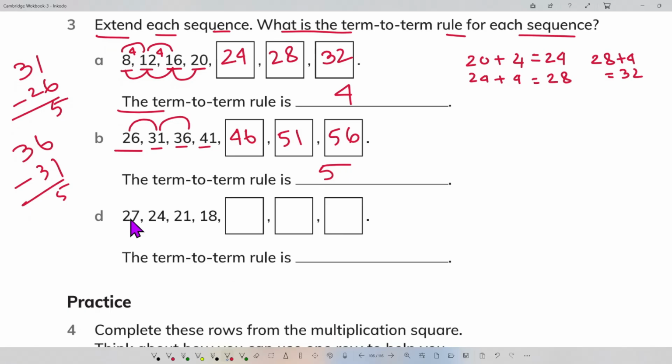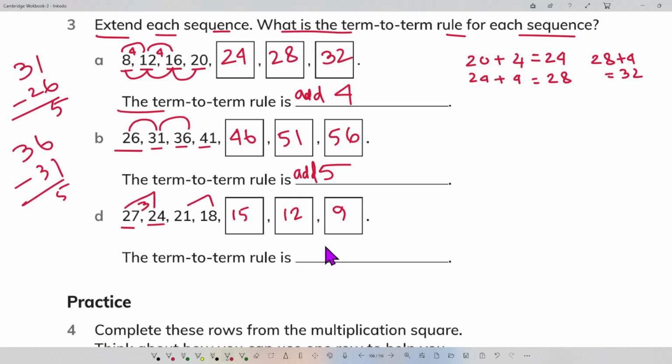Okay, next: 27, 24. So what is the difference? It's 3, but every time it decreases by 3. 24 minus 3 is 21. 21 minus 3 is 18. Minus 3 is 15, then minus 3 is 12, then minus 3 is 9.